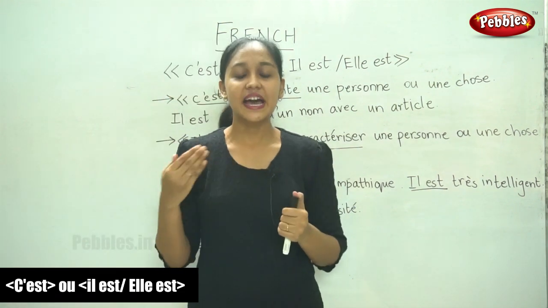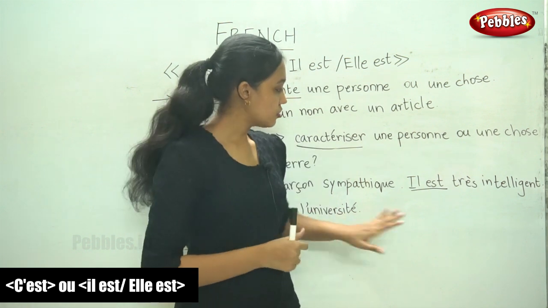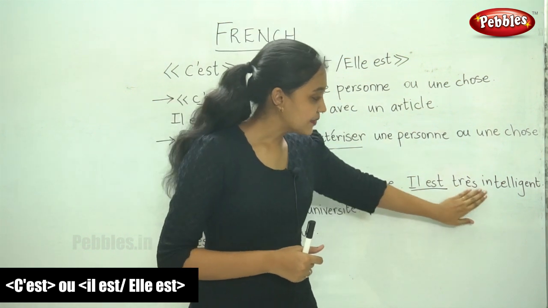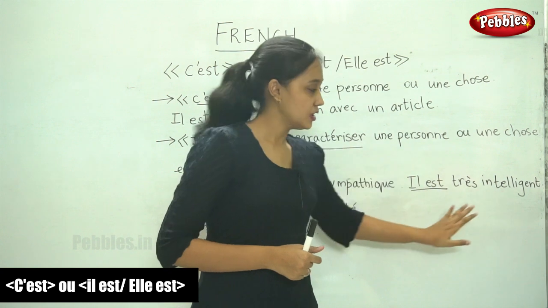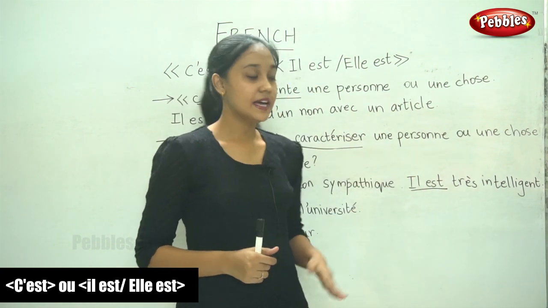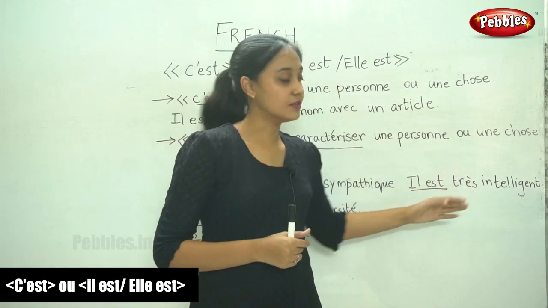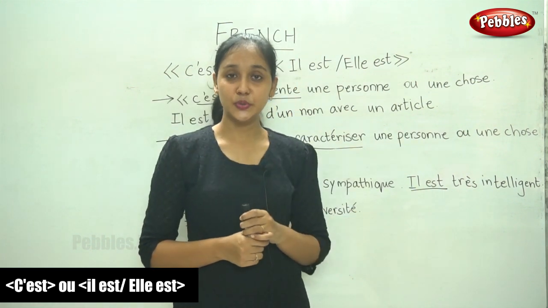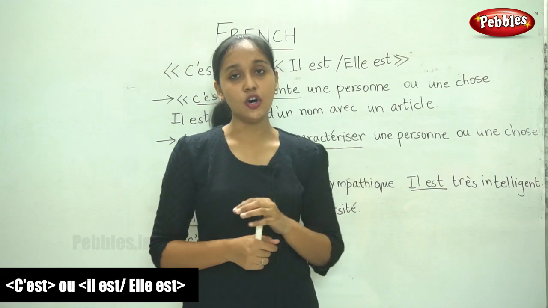However, for characterizing a person, so for example in this case, il est très intelligent. In this case, we are not presenting the person, we are explaining the character. So in that case, we use either il est or elle est.